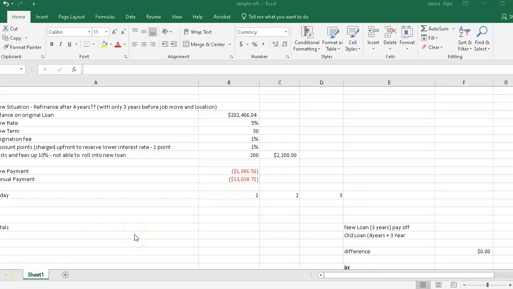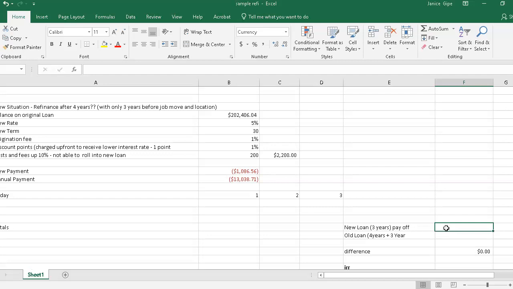Okay, so now that we see the new payment and the new annual payment for this new loan at 5%, we still need to look at the comparison of the payoff on the new loan and the old loan.